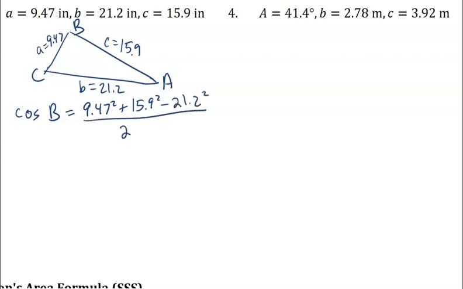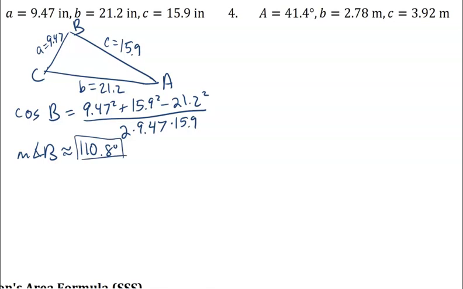And then all of that is over 2 times the adjacent sides, 9.47 times 15.9. Okay, we plug all of that in and we get that, and then do the inverse cosine of all of that, and we get that the measure of angle B is approximately 110.8 degrees.